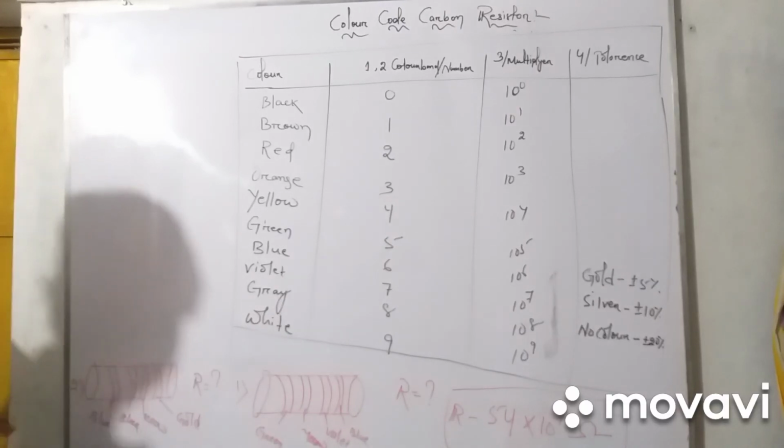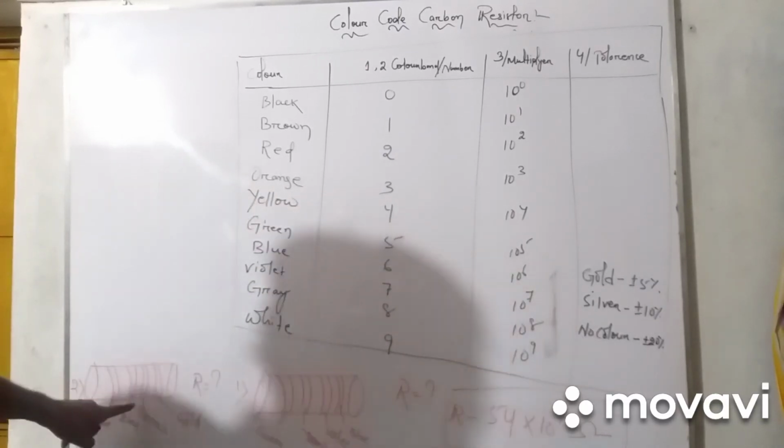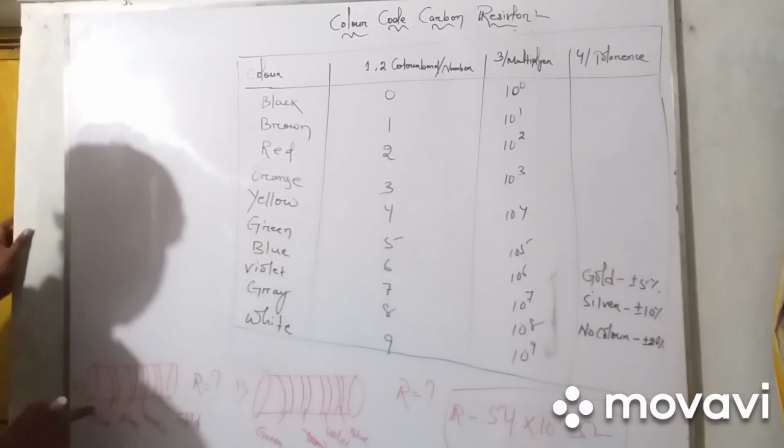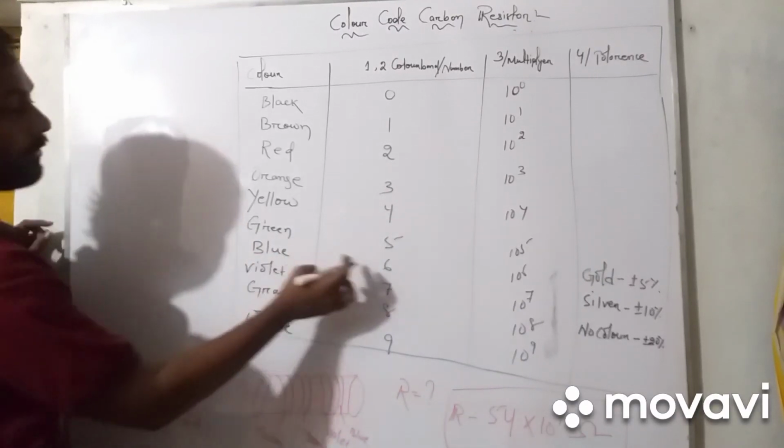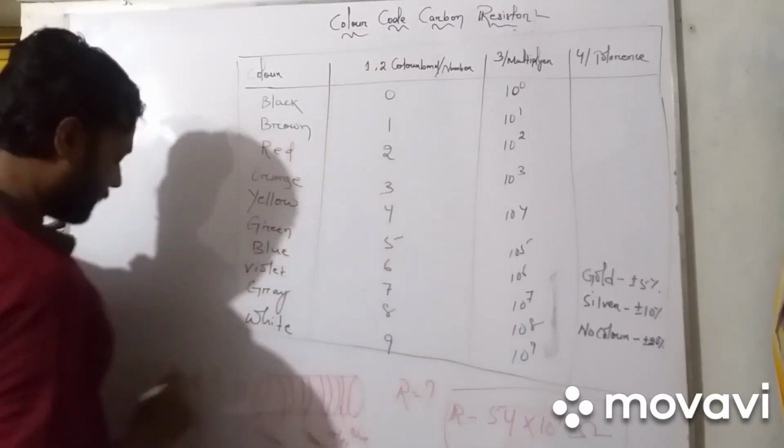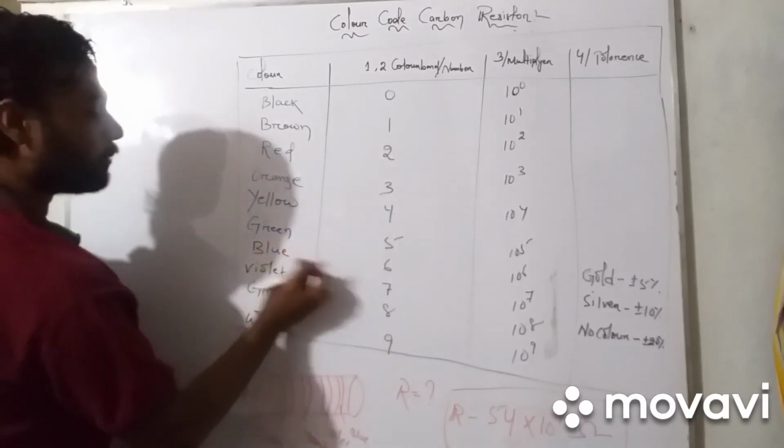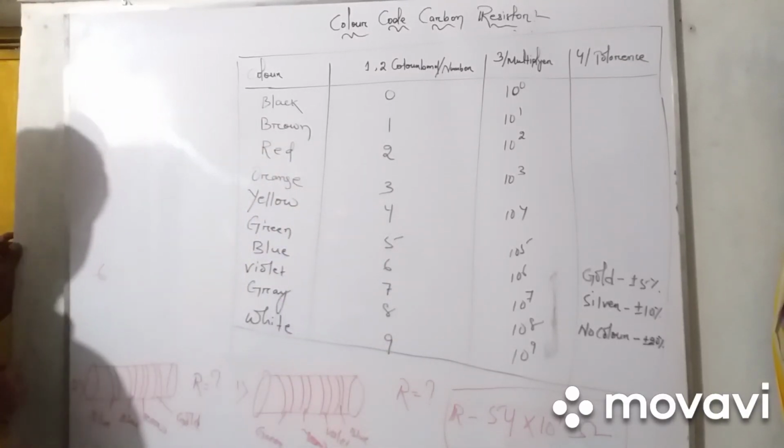So how to calculate the value of resistance of that color code carbon? Here blue represents the value of the first color band, blue equals 6, so 6 is here.